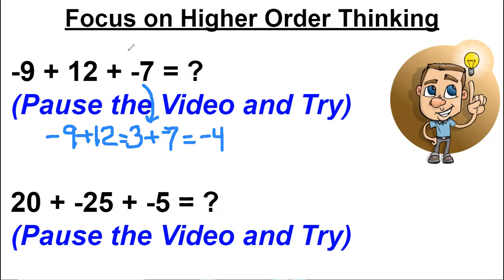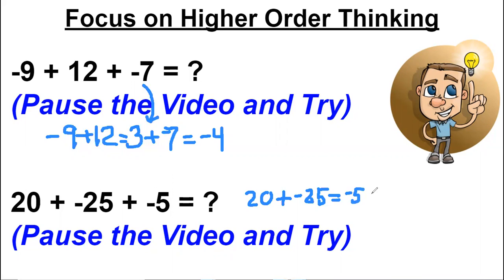How about the bottom one? 20 plus negative 25. You have $20 in your pocket, but you owe $25 to somebody. You're going to end up with a negative $5 still being owed, correct?